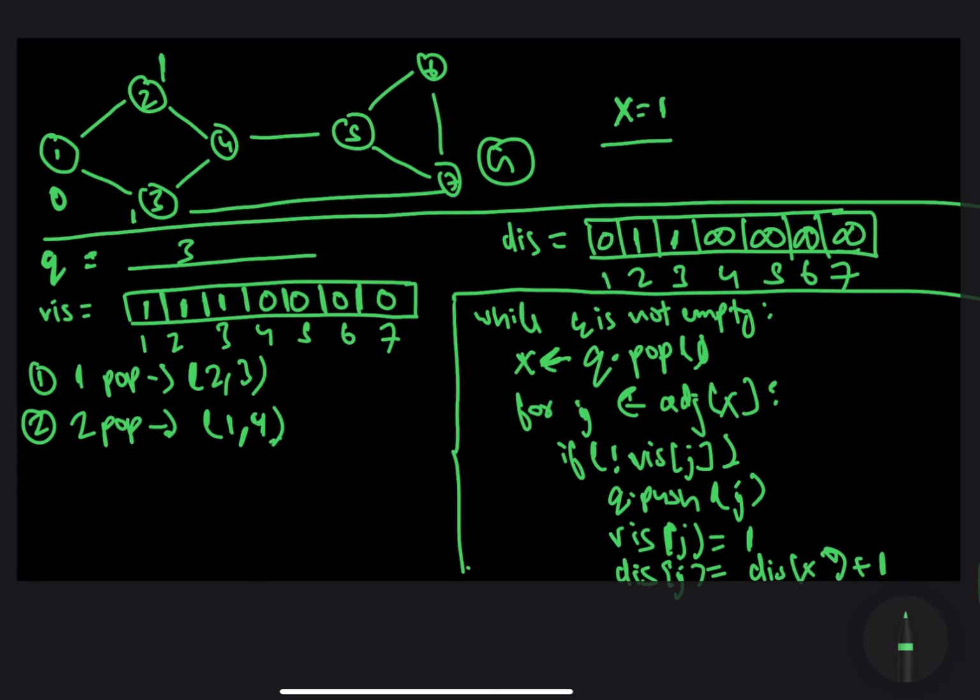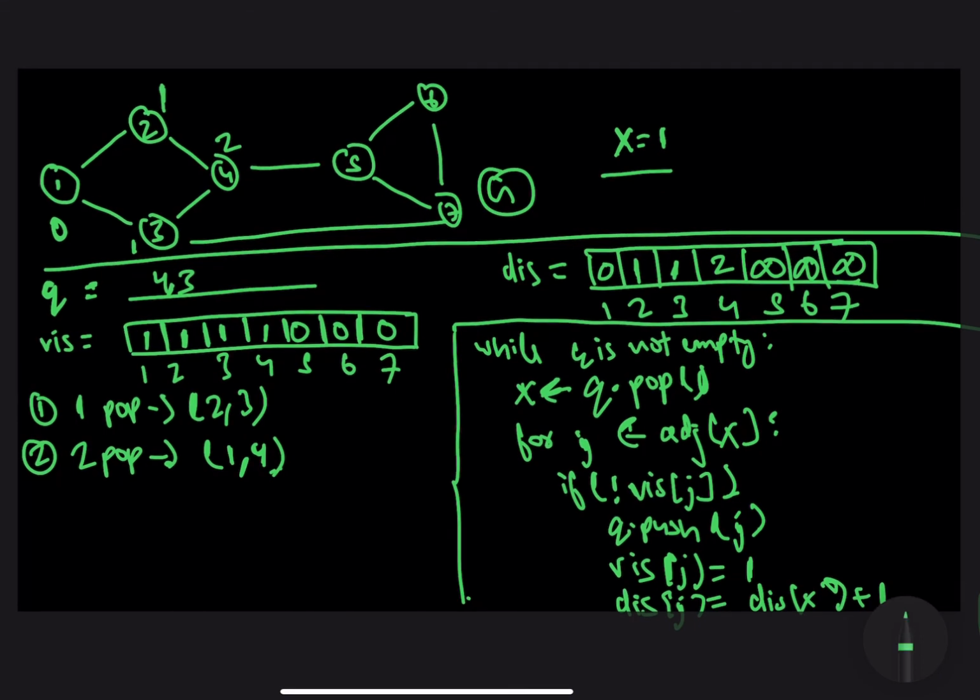Since 1 was already pushed into the queue, it would be skipped, and then we would iterate over node 4, and since VIS of 4 is equal to 0, we would push it into the queue, and we would also mark VIS of 4 equal to 1, and update its distance as 1 plus 1, that is equal to 2. And this marks the end of the second iteration, and we would update the distance of the fourth node to 2 in here.